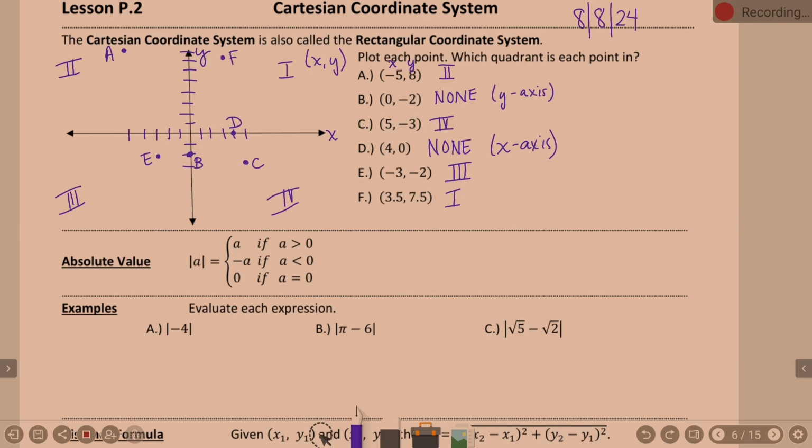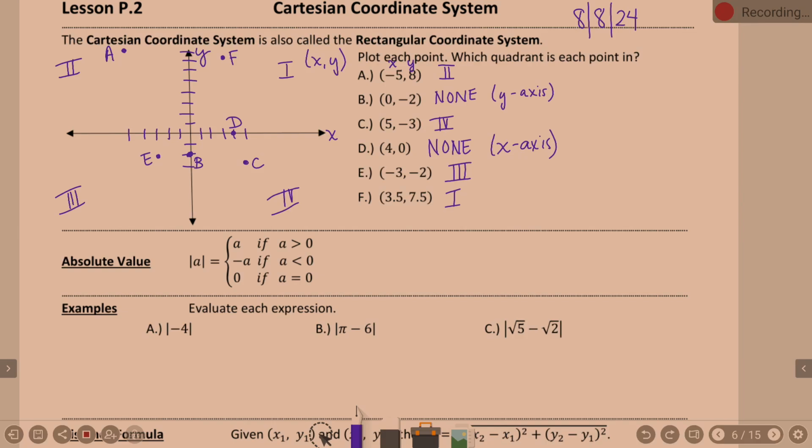So that is your absolute value. Now, there's a fancy definition here. The absolute value of A is equal to itself if A is greater than 0. So that's saying that if your value is positive, the absolute value is equal to itself because it just stays positive, right?